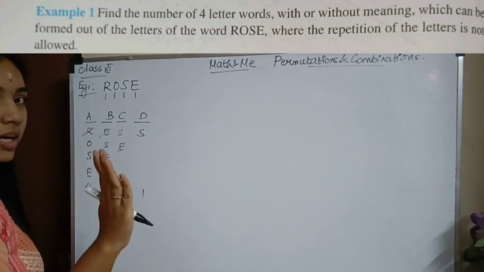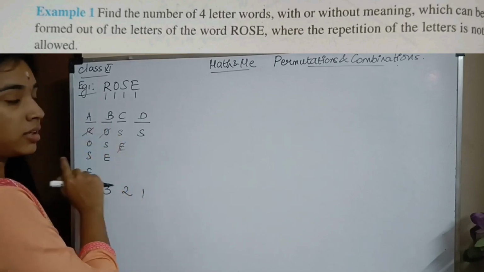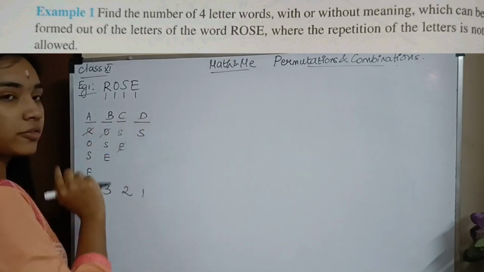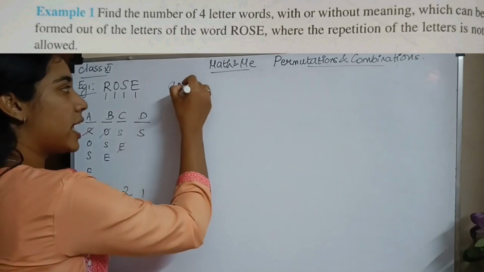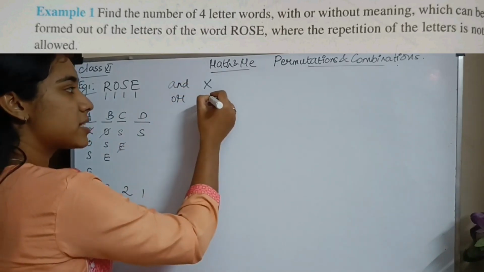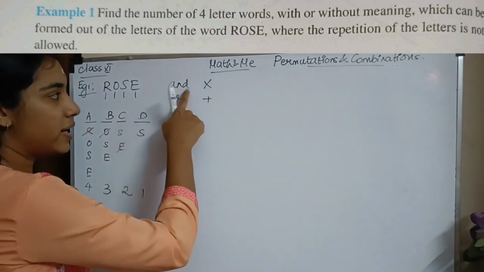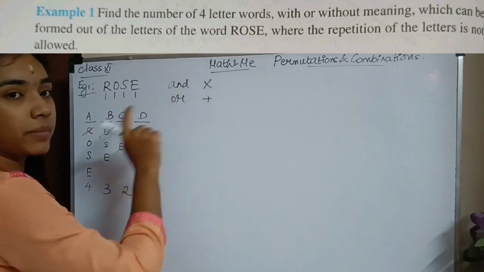Now for a 4-letter word I want the first letter and the second letter and the third letter and the fourth letter. And what does 'and' mean? And means multiplication. Or means addition. Okay? Always remember this. In permutation and combination, and means multiplication, or means addition.